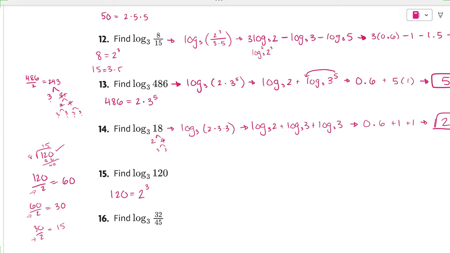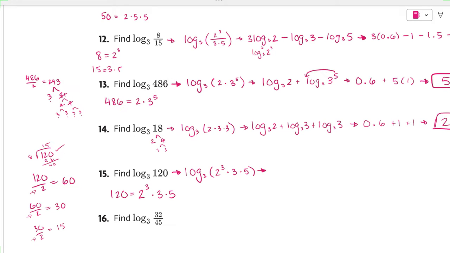We're not using a calculator. And 15 is 3 times 5. So log base 3 of 120 can be rewritten as 2 cubed times 3 times 5.